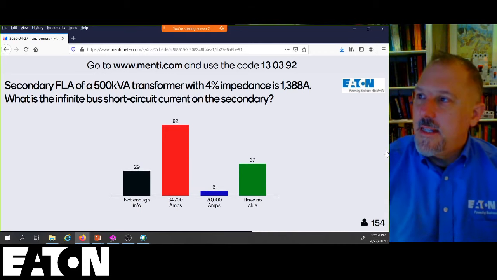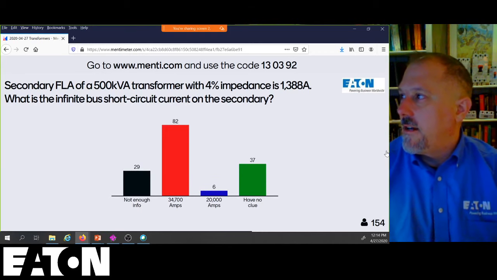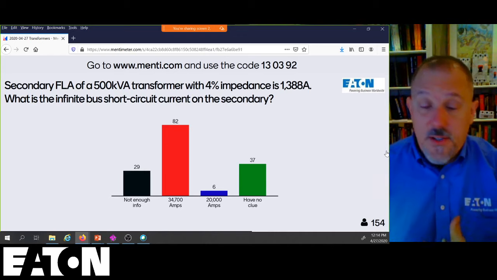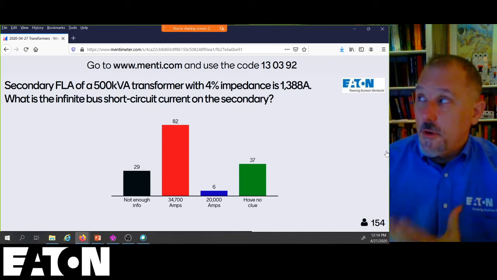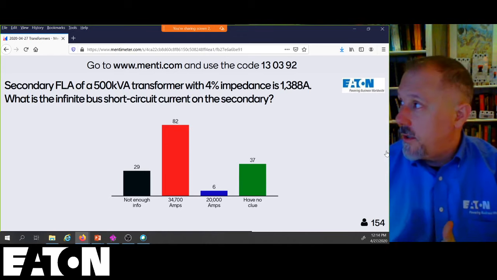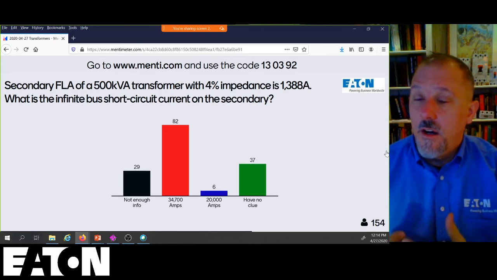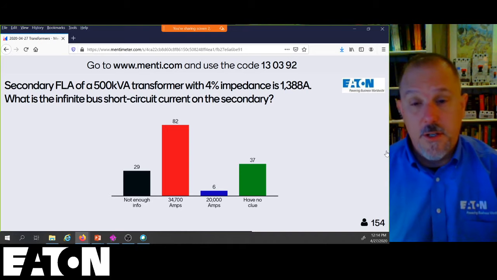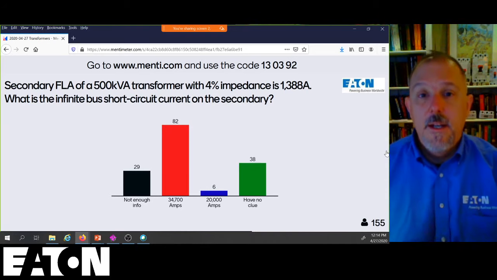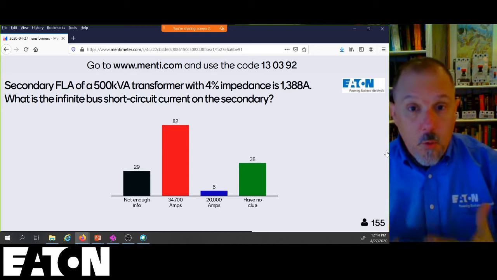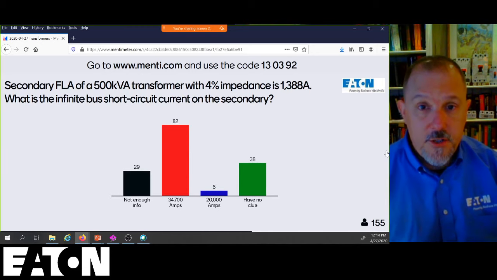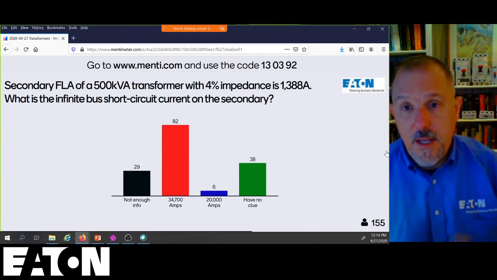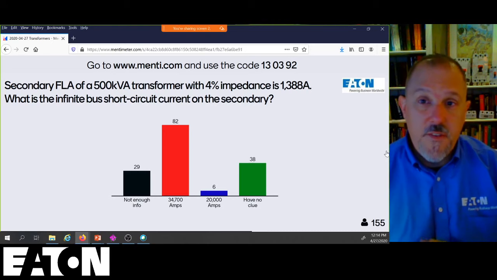All right, so this is the infinite bus short circuit current calculation, and how you do this is basically you take 1388, the full load amps of any transformer, divide that by the impedance, and multiply it by 100. So I take 1388, divide that by 4%, and then multiply that by 100, and that is my maximum three-phase bolted fault current value.